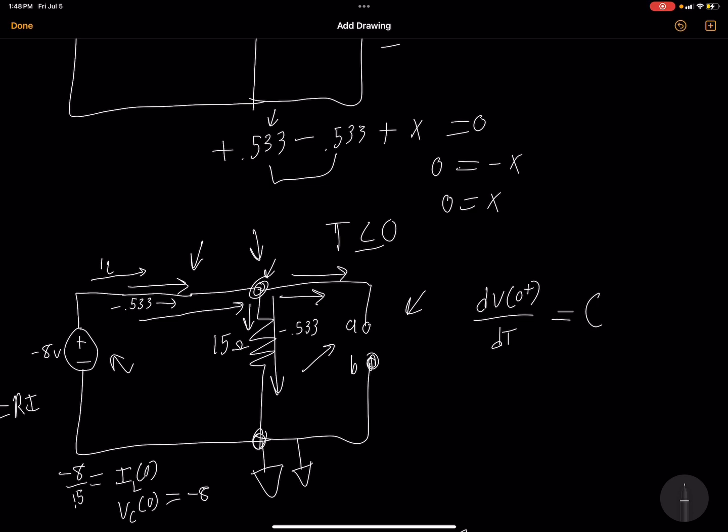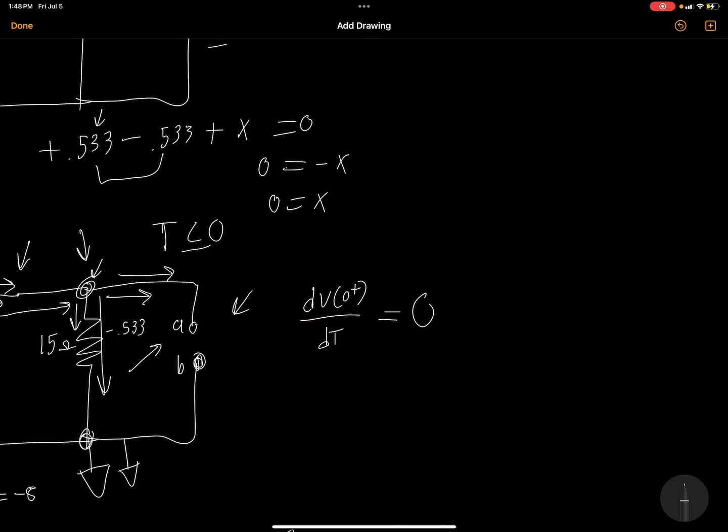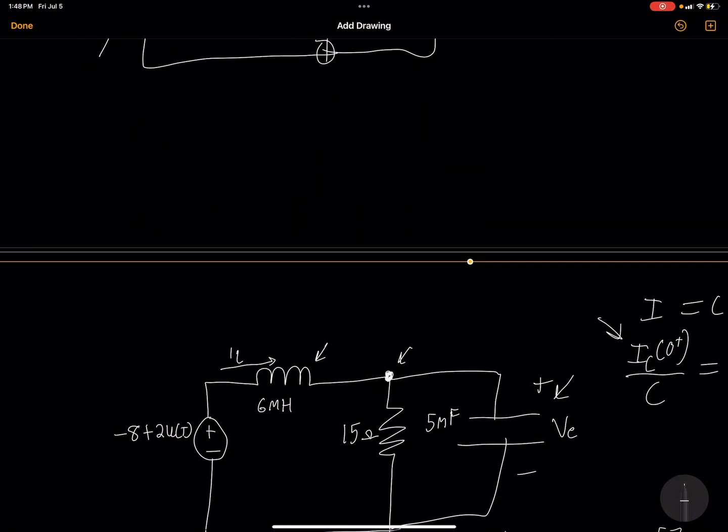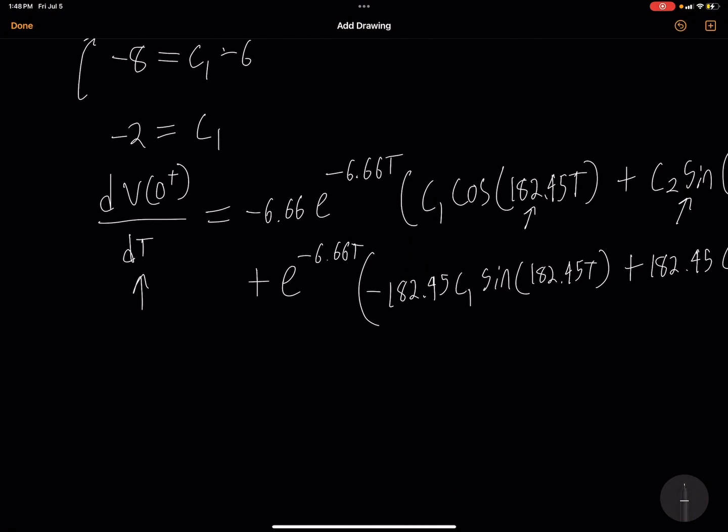So in this case, when you solve for it, this way is the capacitor, this is that resistor, and this is the inductor coming in there. So this one and this one cancel out, and we get 0 going this way initially. So in this case, we get this is 0.